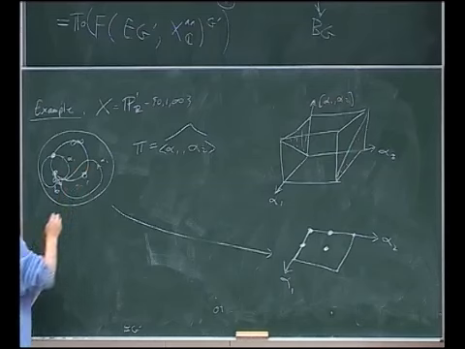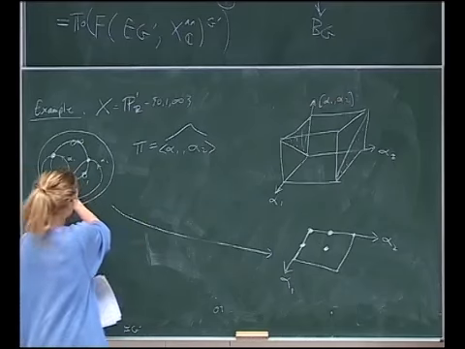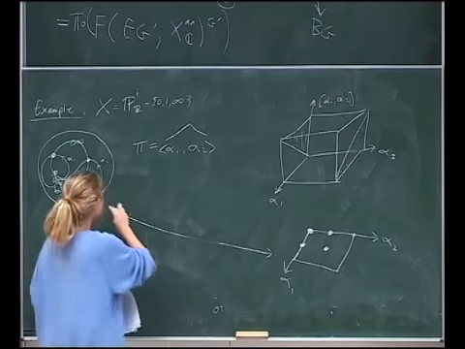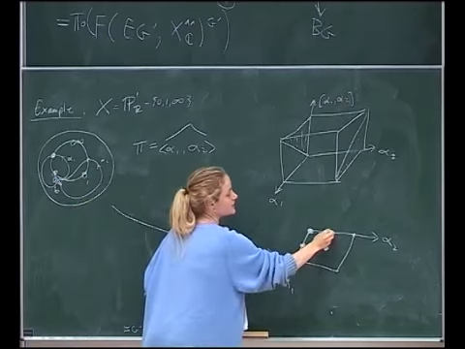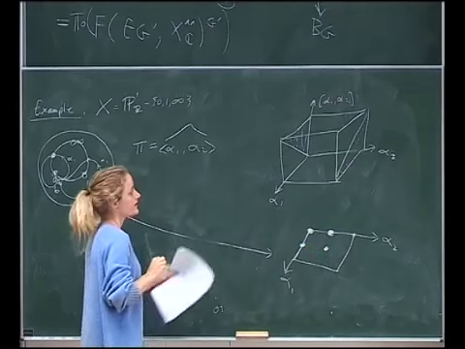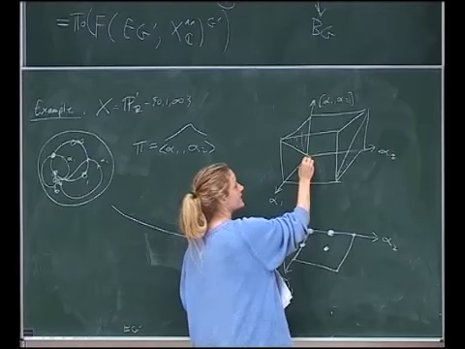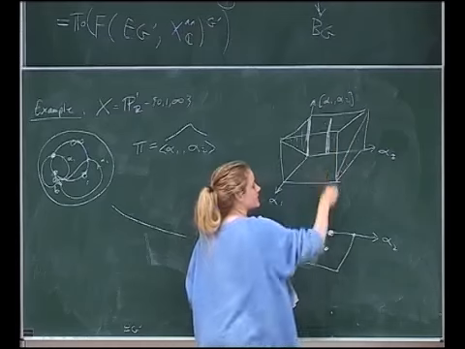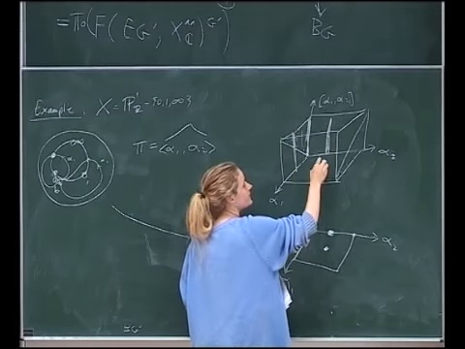So what happens? Well, the fixed points here, we have one fixed point for the intersection of this loop with alpha 1, one fixed point for the intersection of this loop with alpha 2. This goes to here, this goes to here, and this goes to here.